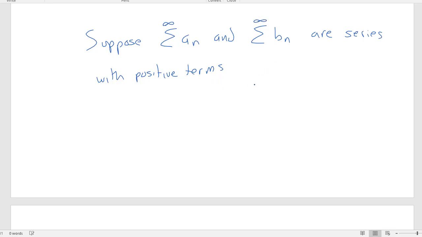So we're going to say something like this: if the limit, and we look just at the terms, where in our notation the b sub n is the hunch, we know how the b sub n behaves, and the a sub n is what we're testing. If this limit turns out to be some finite number c, then both series behave the same.